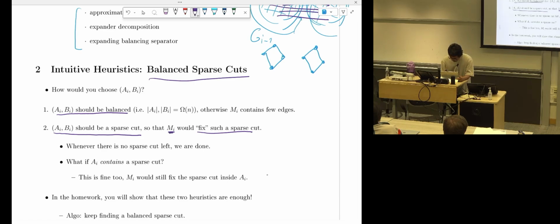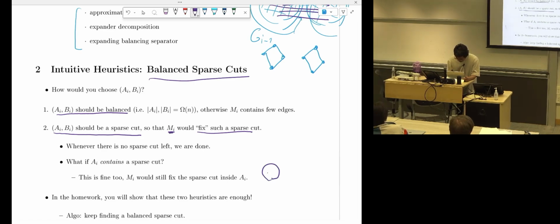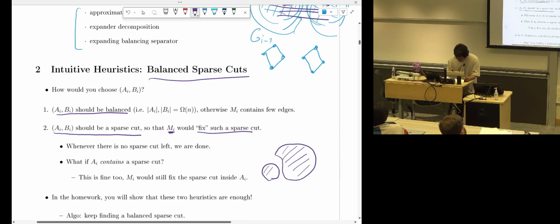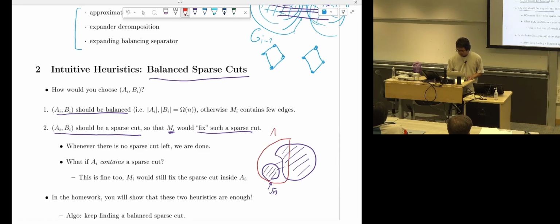By the way, what if the graph looks like this? This is a graph and this is already well expanding. This is expanding, but it is not of size n, it is of size root n. Then if you still choose some cut like this, as long as A contains a sparse cut, it's going to be fine too, because for the matching edges that you add, everyone here will add some edge crossing to another side.